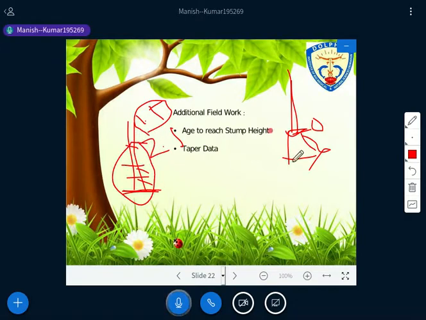You are able to get the stump height age. Is it clear? And obviously you have to take only this much height there, not more than that.